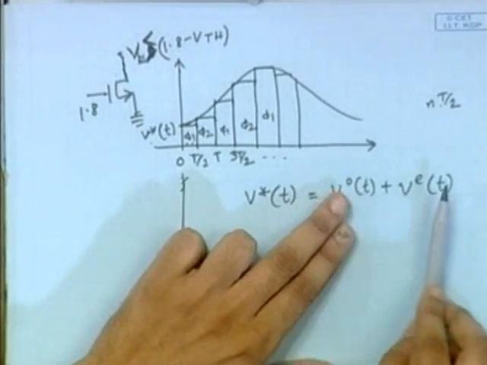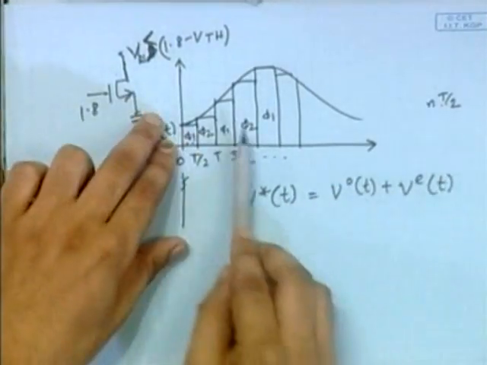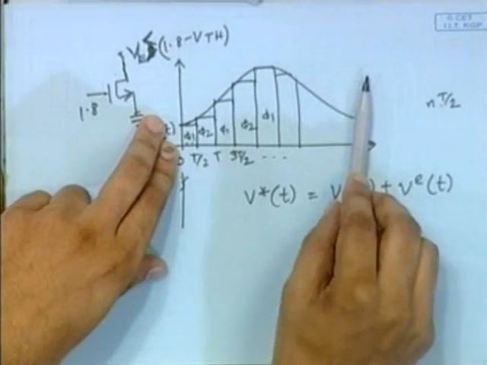For the even ones, the second one, then the fourth one.